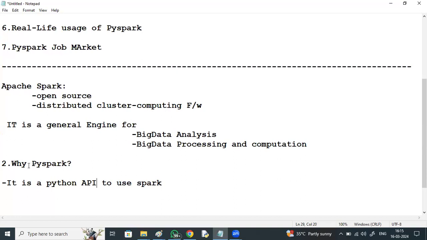PySpark is a lightning fast technology designed for fast computation. It is one of the most in-demand tools among data engineers for working with bigger data sets.